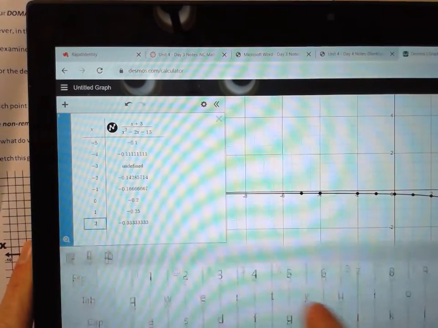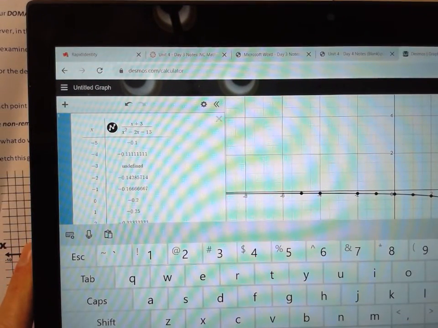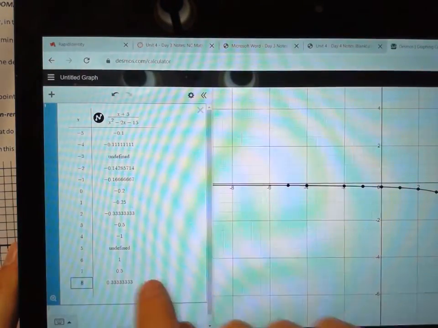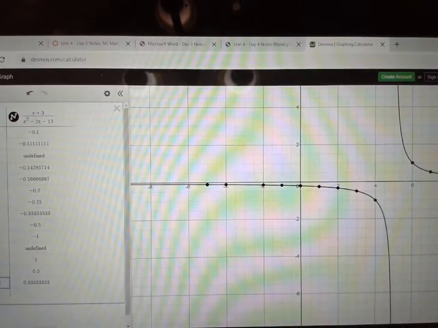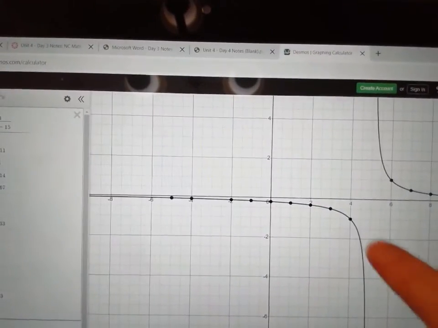If I continue downward after 2, it'll also give me another undefined at 5. But that at 5 is where the asymptote is.